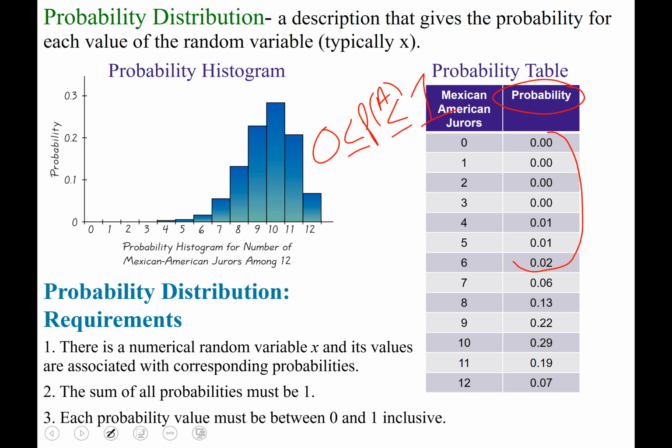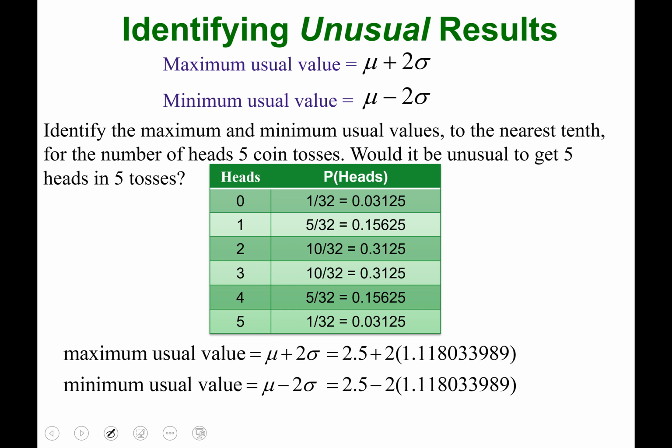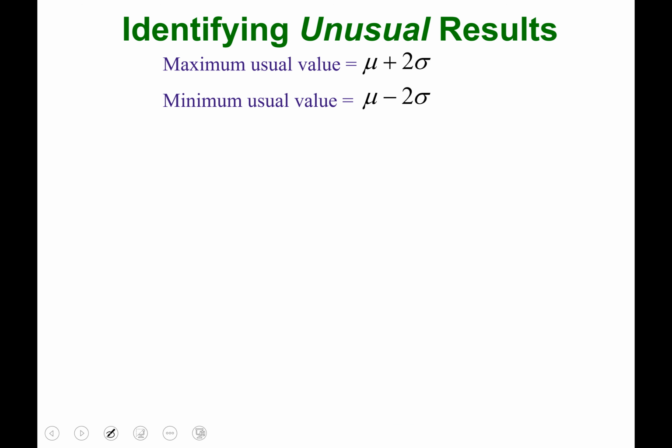So all of these are less than 0.05. So if you're asked, what's the probability of randomly selecting one jury and it having exactly 6 Mexican-American jurors, the probability would be 0.02, and you could then say that that is unlikely to occur because it is less than 0.05. Okay, just a reminder there. Let's go back to, this is where we were.